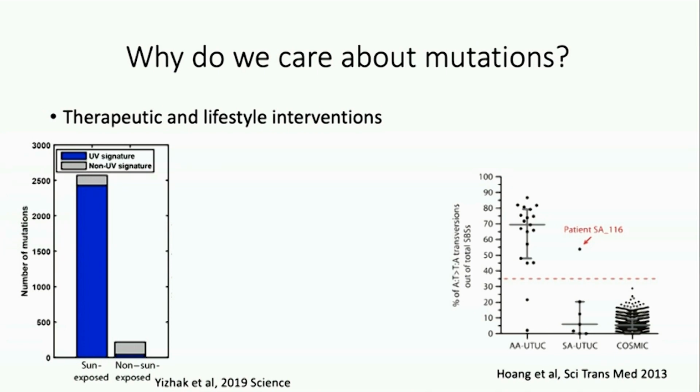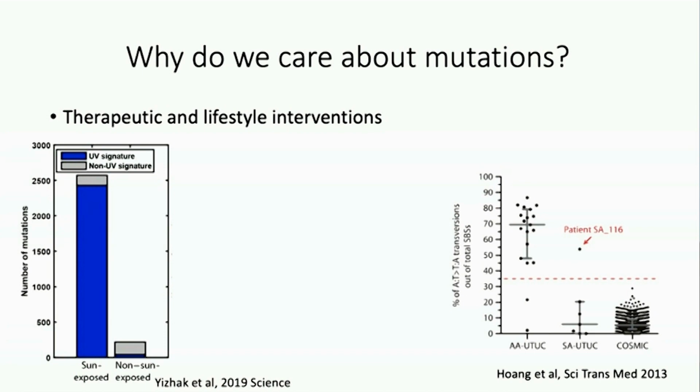And it clearly tells us that UV light, the exposure to sun, is mutagenic. And after that, we know how, for example, melanoma occurs, why it's related to the time that you spend under the light.